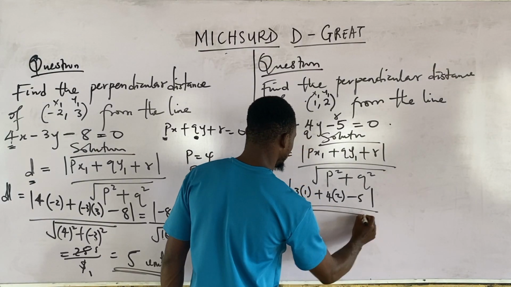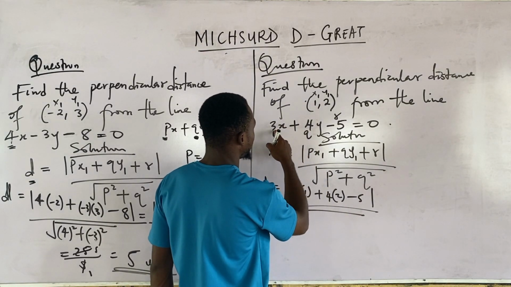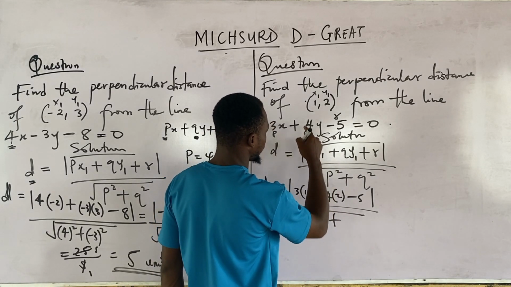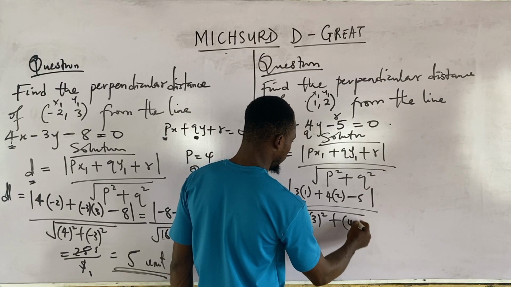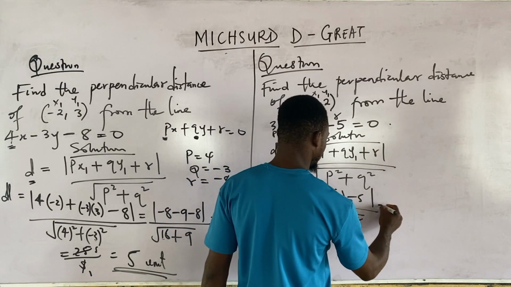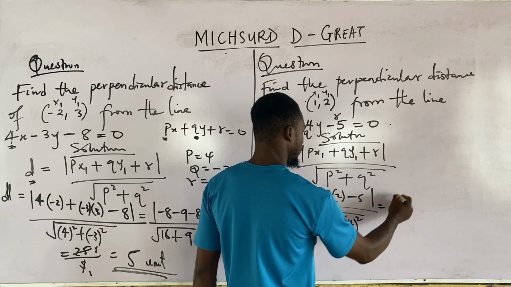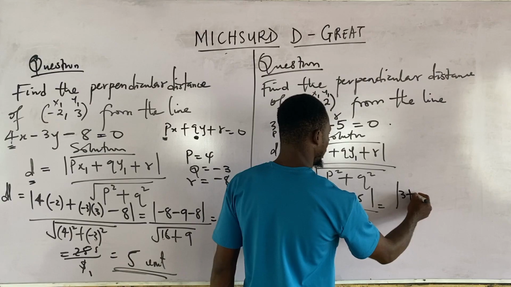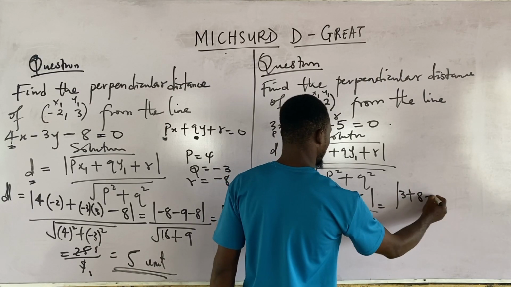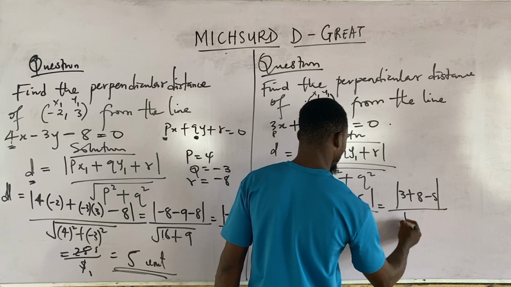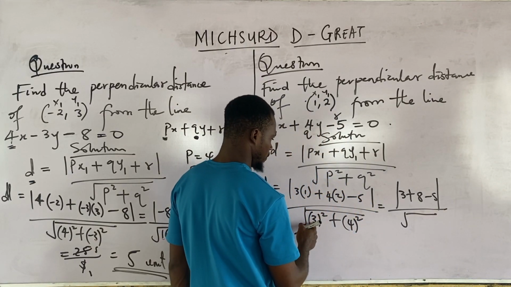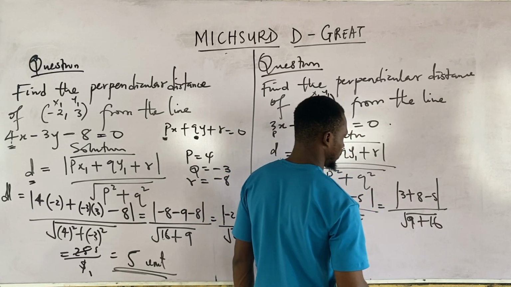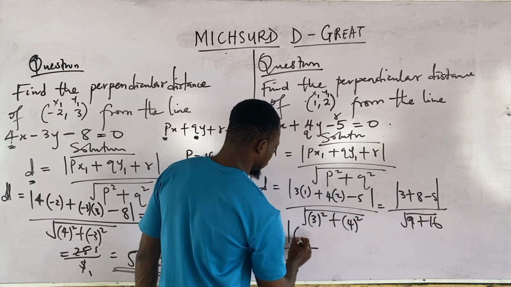all over the square root. Here we have p is 3, so we have 3 squared plus q is 4, so we have 4 squared. So if we solve this, we have the magnitude of 3 times 1 is 3, then 2 times 4 is 8, we have minus 5, all over the square root of 3 squared, which is 9, plus 4 squared, which is 16. This gives us plus 6.